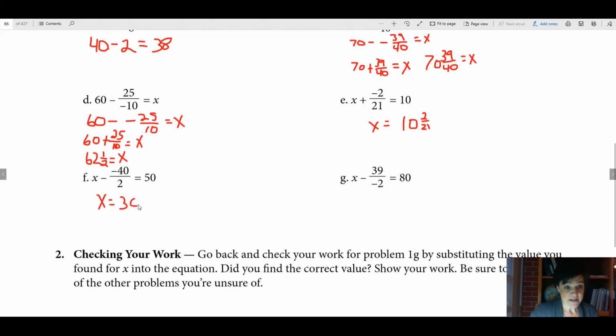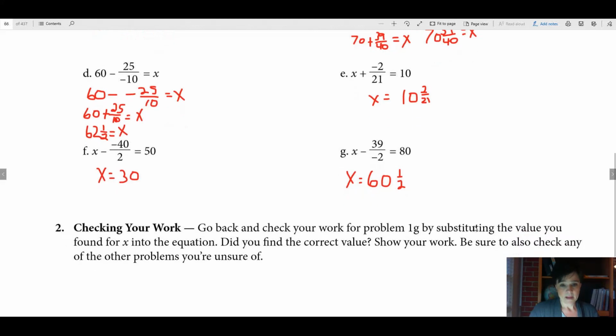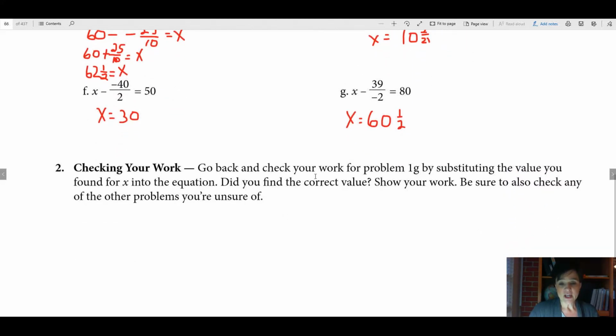That one simplified down real well because all the numbers were pretty much whole numbers. And then on G, X would have been 60.5.